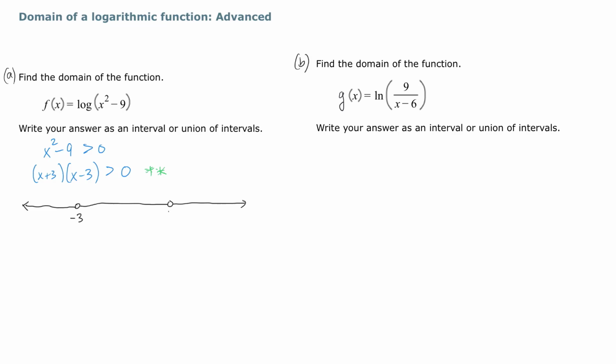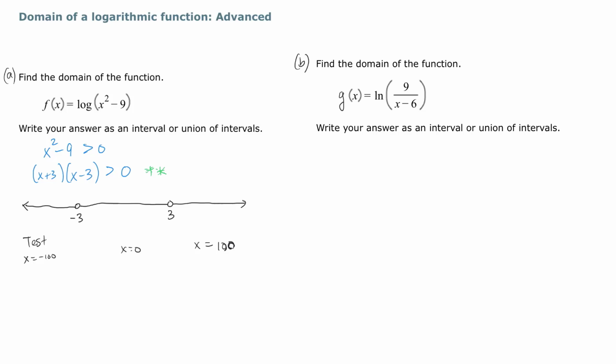Just make sure you indicate what your test values are. So let's test x equals -100, x equals 0 in the middle, and then x equals 100 here. And remember, you're testing the double star inequality. If you test x to be -100, you have a negative times a negative, which is positive.